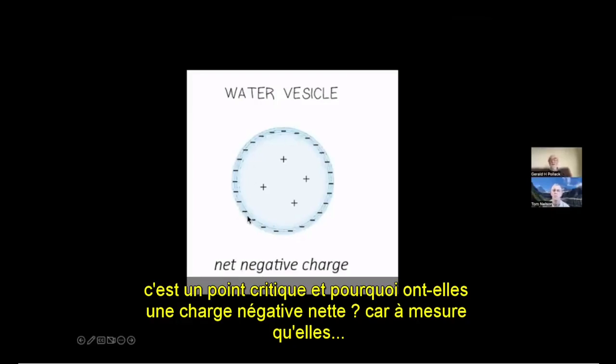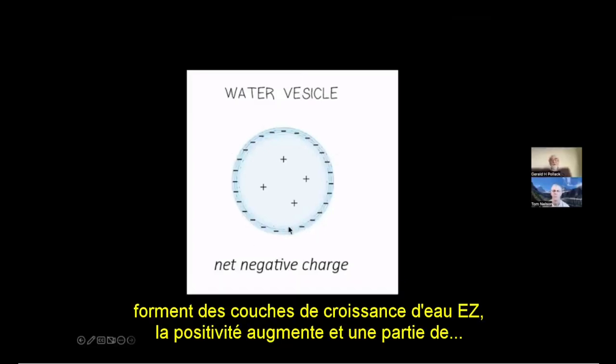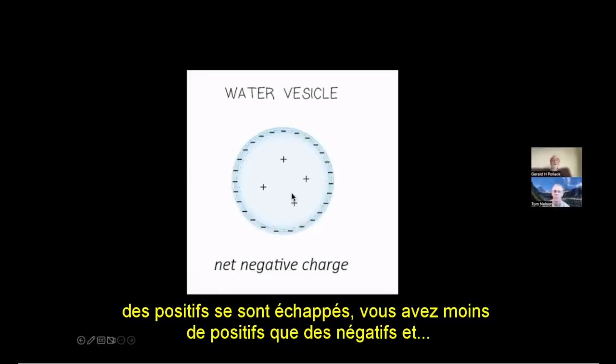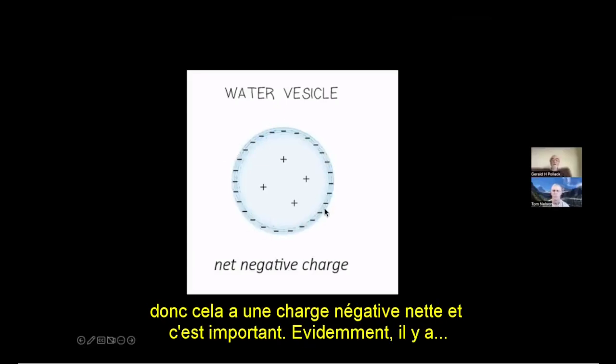And why do they have a net negative charge? Because as they're forming, the layers of EZ grow and the positivity grows, and some of that positivity escapes before this is able to enclose a sphere. So since some of the positives have escaped, you have fewer positives than negatives, and therefore this has a net negative charge. And that's important.